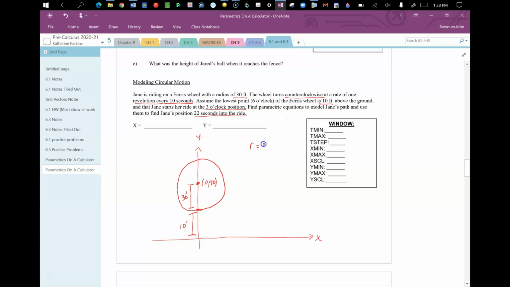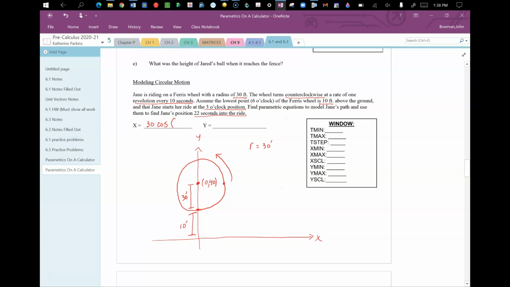Radius is equal to 30 feet. The rider, Jane, starts at the 3 o'clock position and goes counterclockwise. Well, that's an angle of 0 degrees or 0 radians, and she makes 1 revolution every 10 seconds. So our x position is 30, the radius, times the cosine of the angle at any given time.